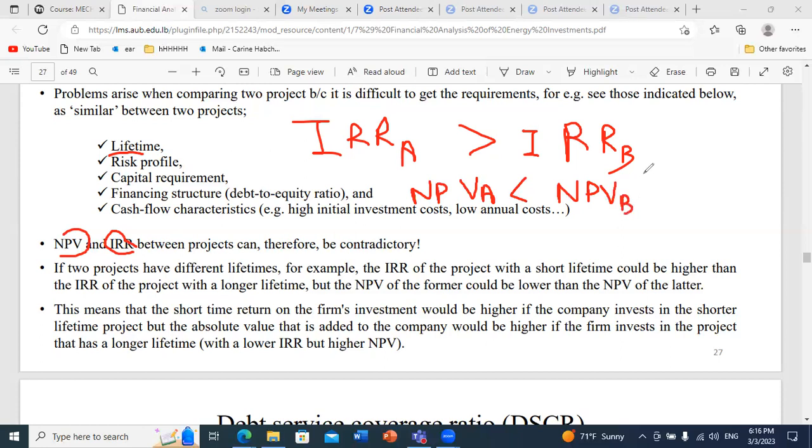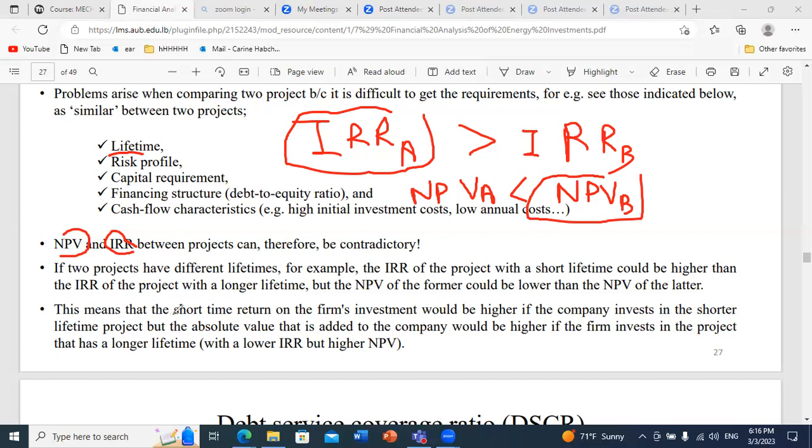Okay, and if you just care about the time of return, having a larger IRR means that the rate of return is better. So here you get contradictory results using two different approaches, because you don't have the same profile when you are comparing. Okay, so this is what they are telling you here.